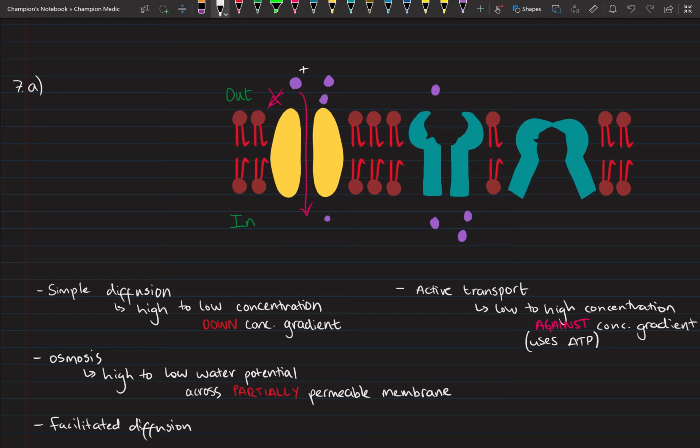This substance will attach itself onto here, and an ATP molecule will release its third phosphate group. It has 3 phosphates. Some of that energy will be used to move this carrier protein into this position on the right, and then it will cause this molecule to be released into the area with the higher concentration. So that's against the concentration gradient.